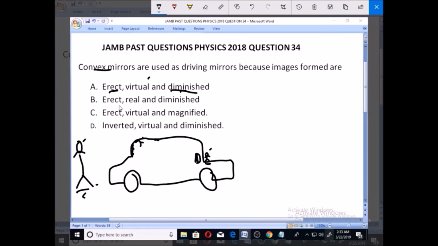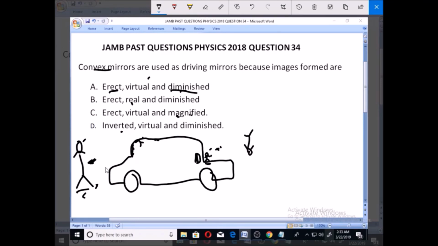B has real, which makes it not the answer. C has magnified. You can see that it is diminished. This object is bigger than the image, so it is not magnified, it is diminished. Inverted is when we have something like this, which is not the case.